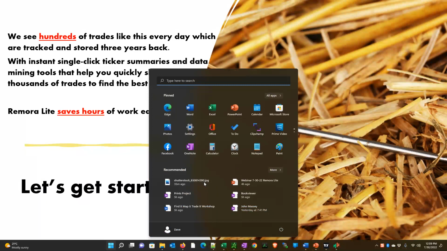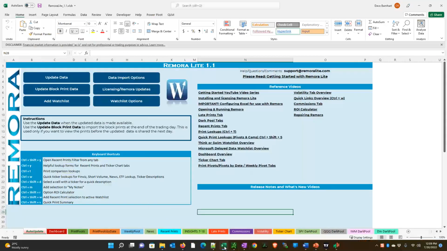So what we're going to look at here is, I've got my Remora here. Now, the one thing about this, it's a Microsoft Excel application. And the requirement for that, and I'm sorry to say for the Mac users, Microsoft, although it does support Excel on a Macintosh, it doesn't support most of the coding that's available to Windows users.